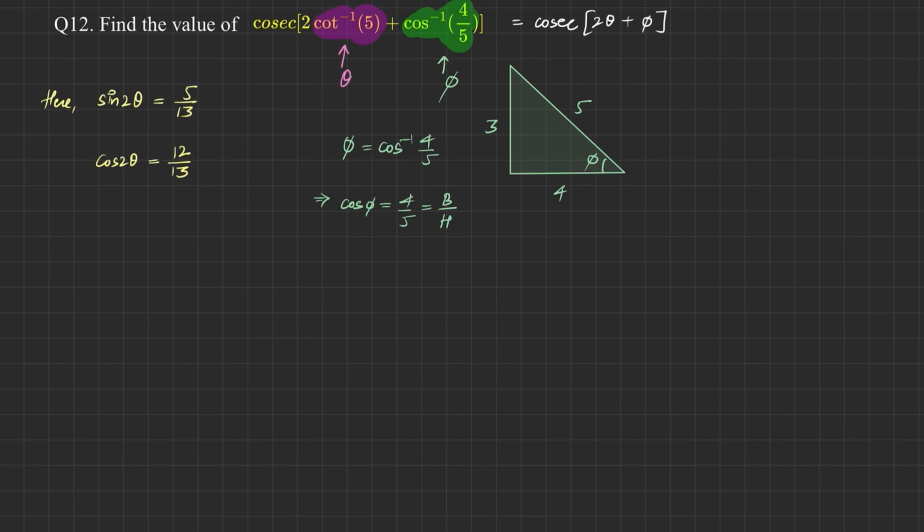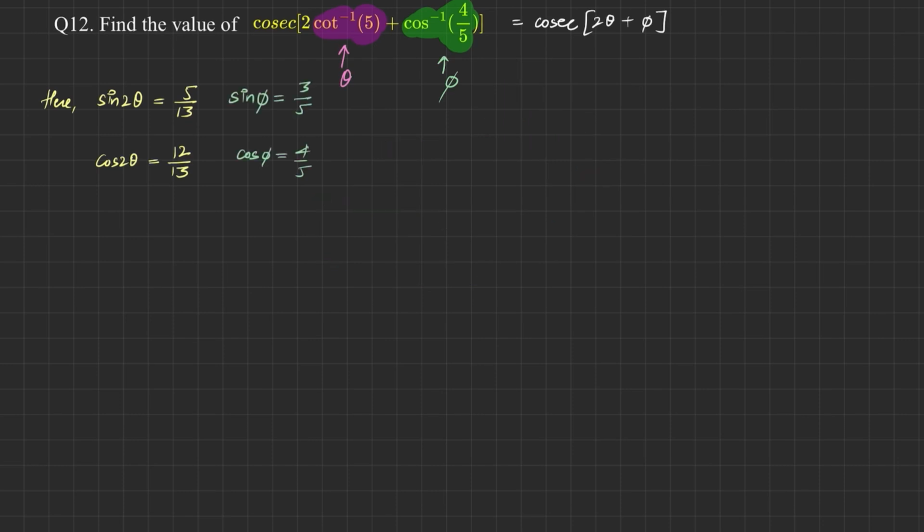Now let us find the value of sine. Therefore sine phi will be perpendicular over hypotenuse, so it will be 3 over 5. So that means the value of sine phi and cos phi we have got. My question was cosec of 2 theta plus phi.